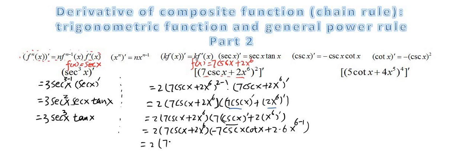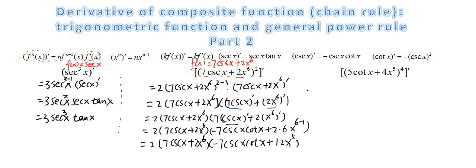We have 2 times cosecant x plus 2 times x to the power 6. And here we just copy it. And the last one is 12 times x to the power 5.